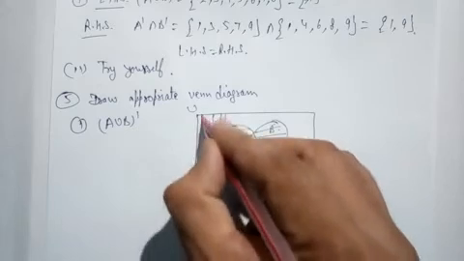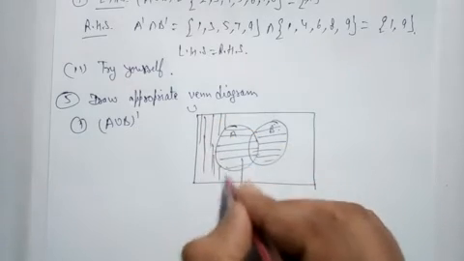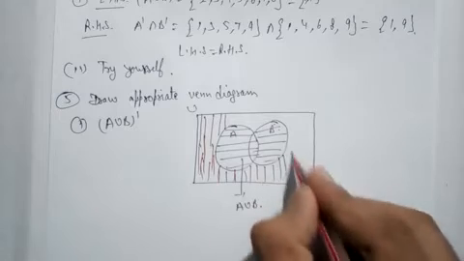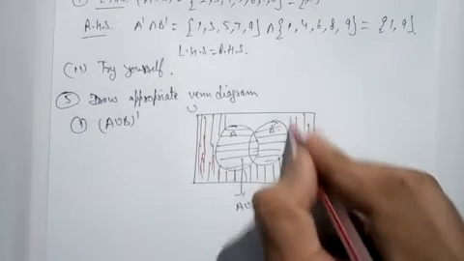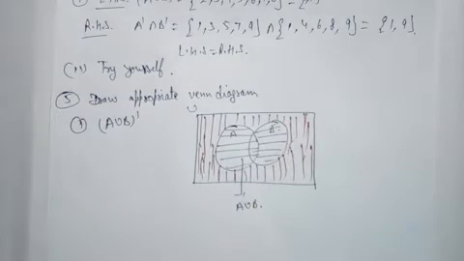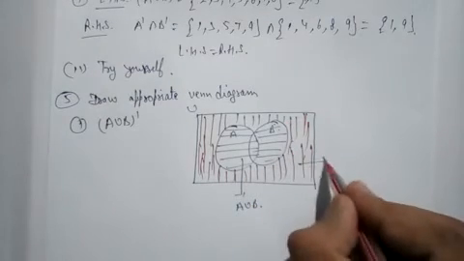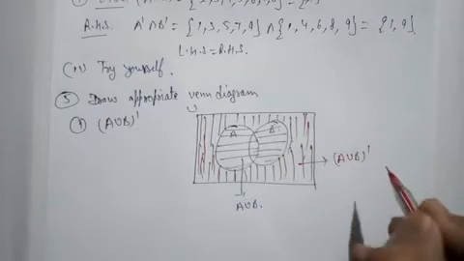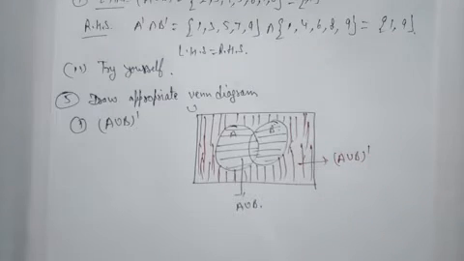So this portion represents (A union B) complement. Okay.